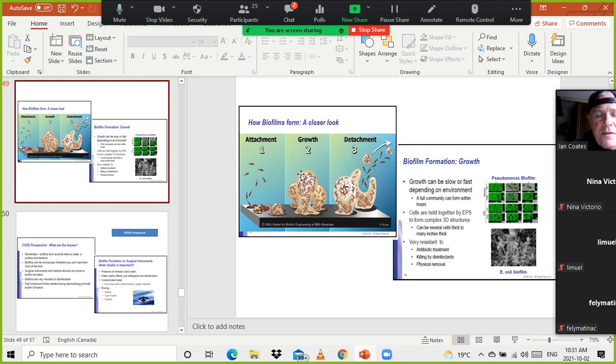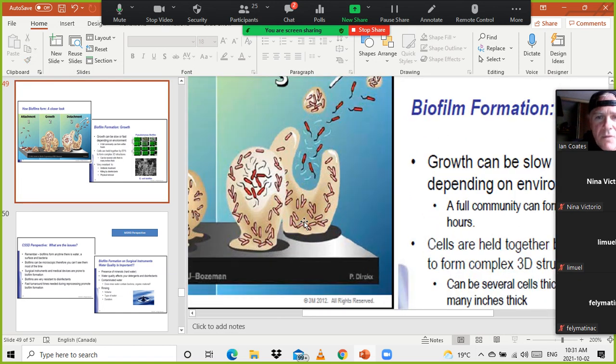These biofilms form. You've got an attachment, growth, and detachment. And you're going to see, when we get into viruses, there's 5 steps to a virus attachment and what goes on in a virus cell life. Nothing too crazy here. They attach to a surface.